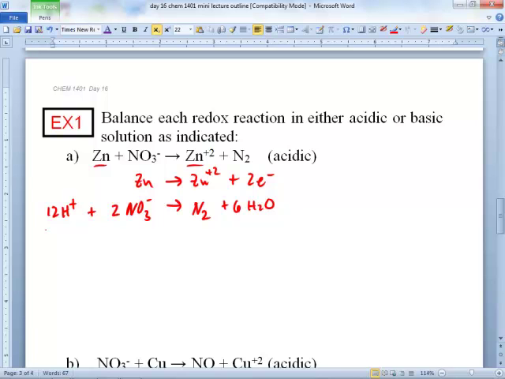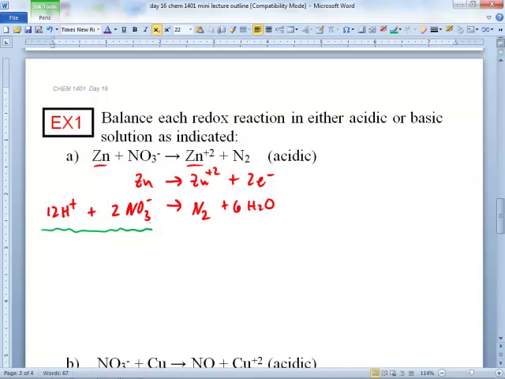Balance charge by adding electrons to the most positive side. This seems to confuse folks a lot, this charge idea. So let's see if we can figure this out. What's the total charge on this side? Oh, okay, we're getting close. If I have 12, just look at the 12 H pluses.